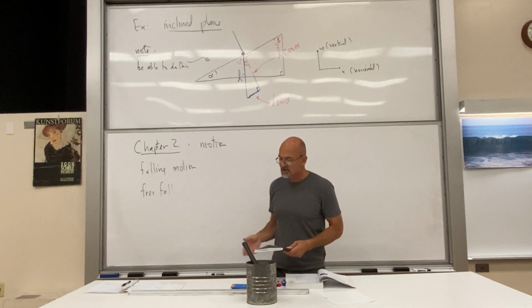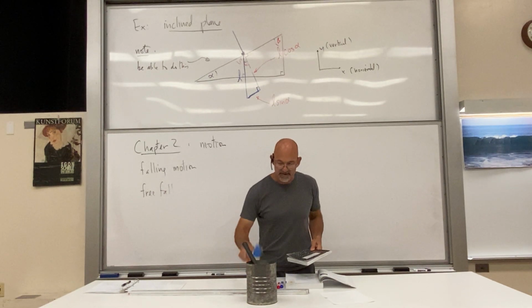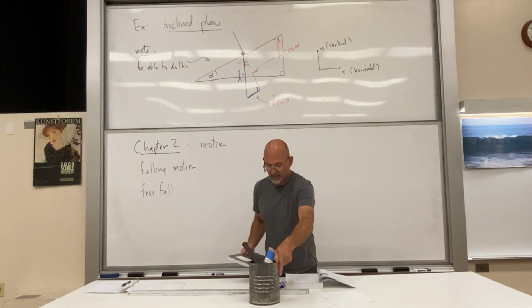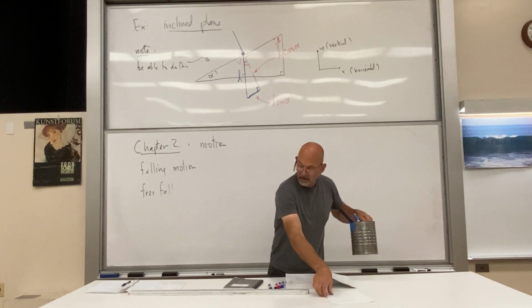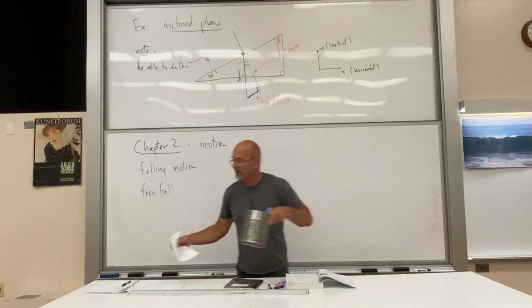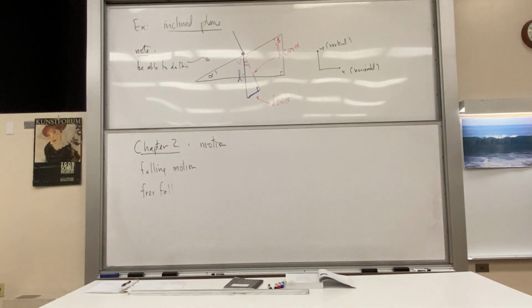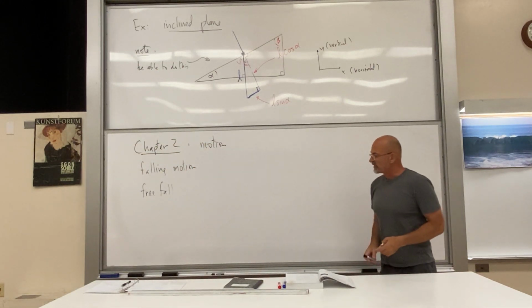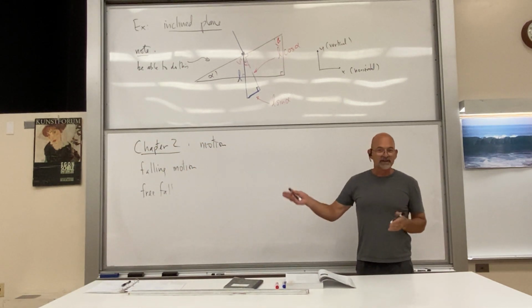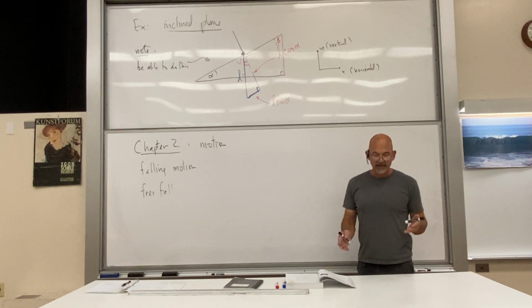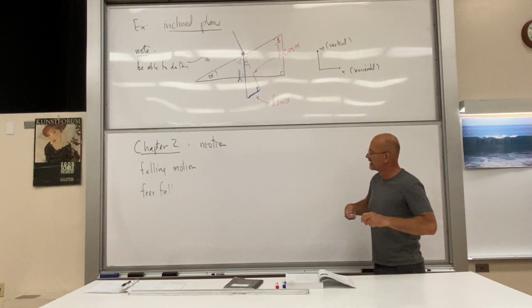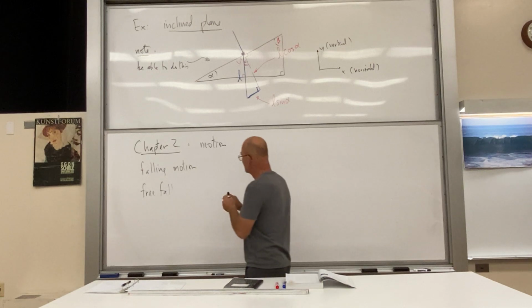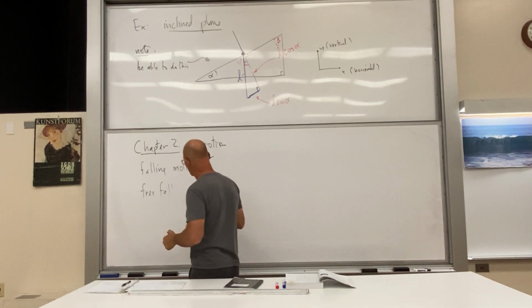And I'll put a few words up there, and then we can start with the science of motion. Okay, good. Let me get rid of this. Yeah, that's a very important demonstration. You know, it's not always that you can demonstrate a law of nature like that as simply as eliminating the friction. So falling motion, things fall differently.